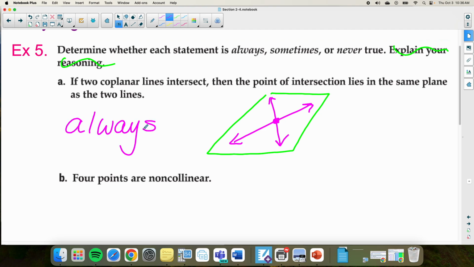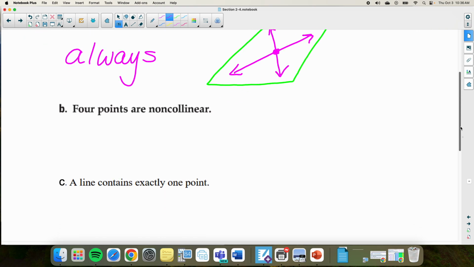Okay. Then it says 4 points are non-collinear. So this is saying anytime you have 4 points, are they non-collinear? Could they be? Yes, right?